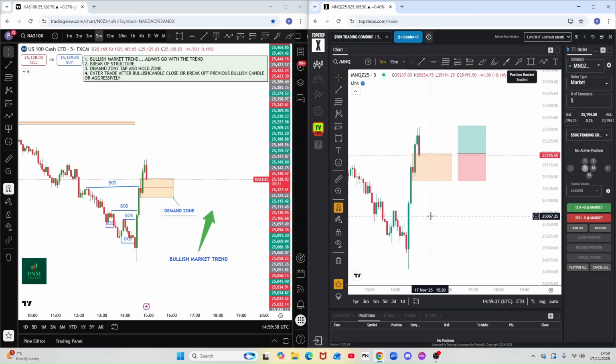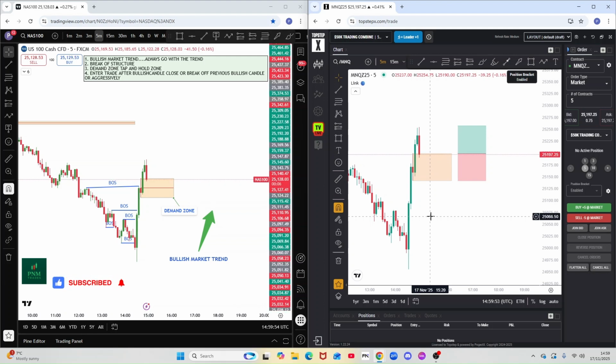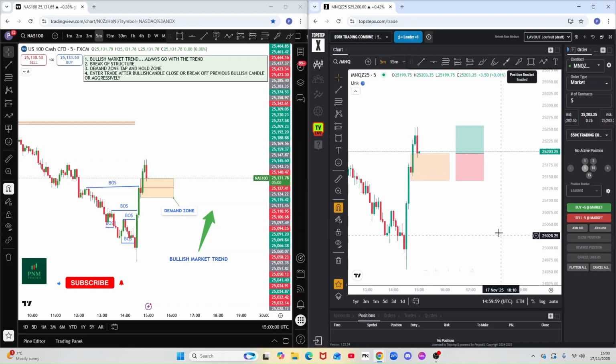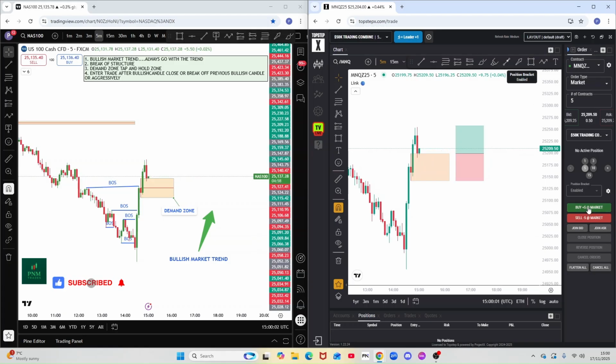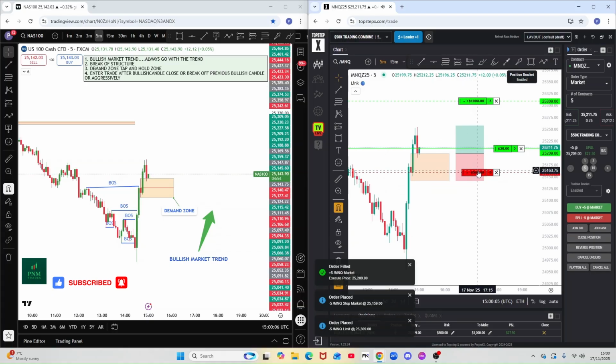I'm just waiting a bit more just to see what price does. So it's a new candle. Yeah, I'm in the trade now.